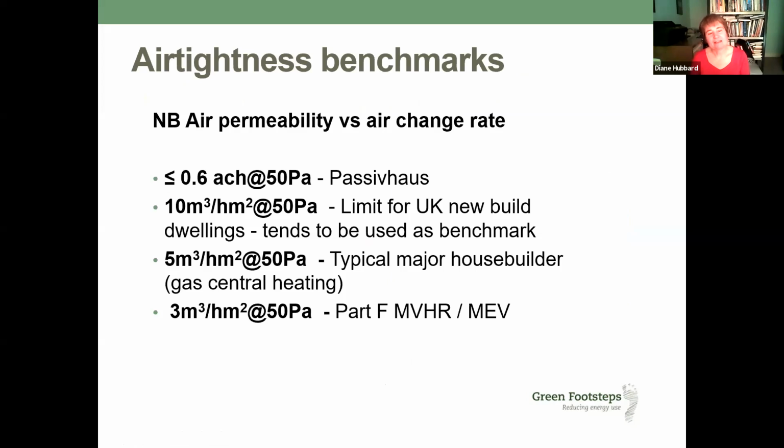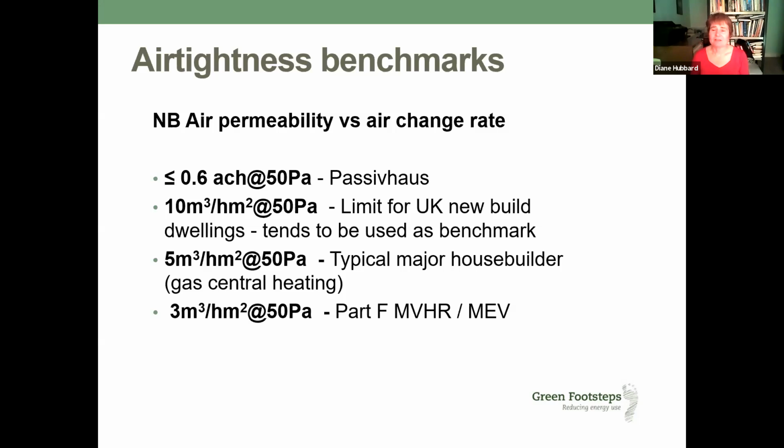Now, I'm going to go against what I was just saying about not mixing up air change rate and air permeability, but the passive house standard is something that people have commonly heard about. I mentioned with that, you have to hit an air change rate of below 0.6 at 50 pascals to achieve the passive house standard.